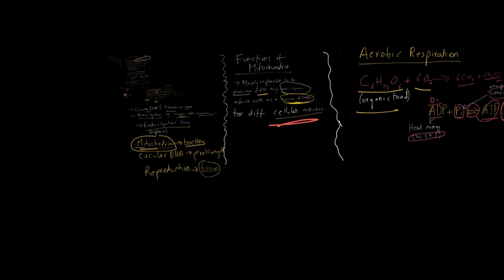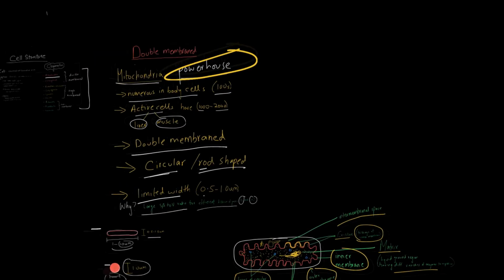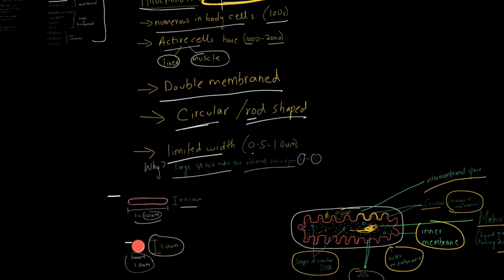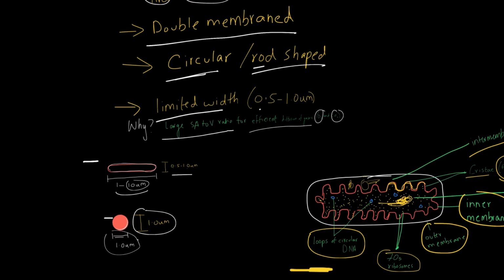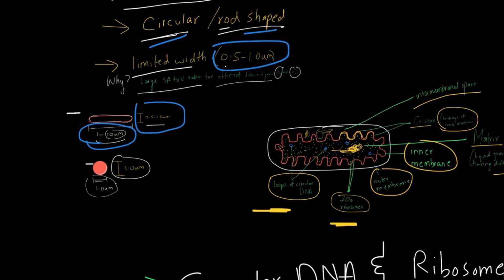So we can just recap once again. We started off with the mitochondria being the powerhouse of the cell. There are numerous in the body and more in the active cells, liver and muscle ones. They're either circular or rod shaped, and the width is important to remember. So is the length. The length is anywhere between 1 to 10 micrometers, and the width is 0.5 to 1 micrometer.